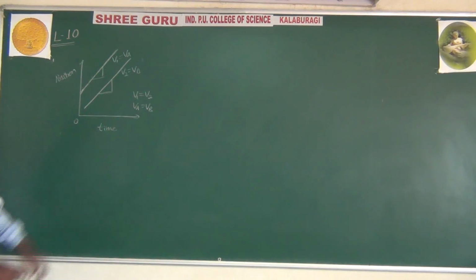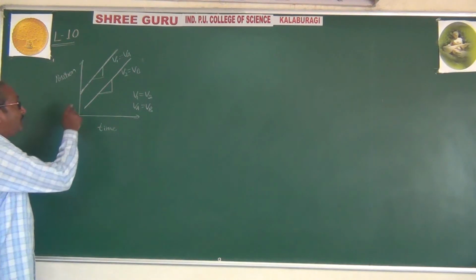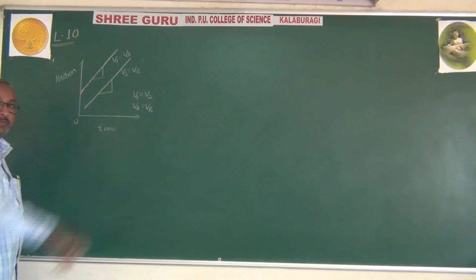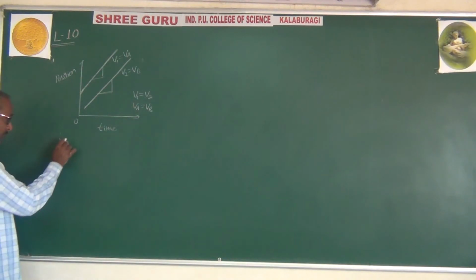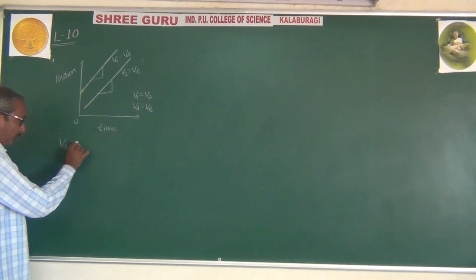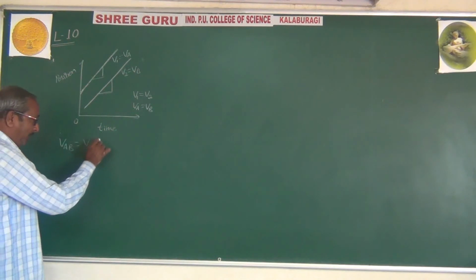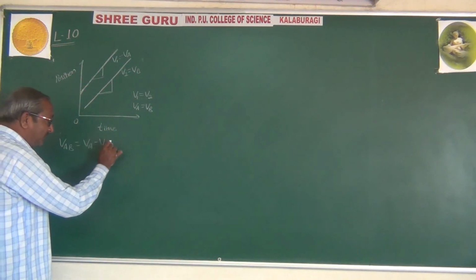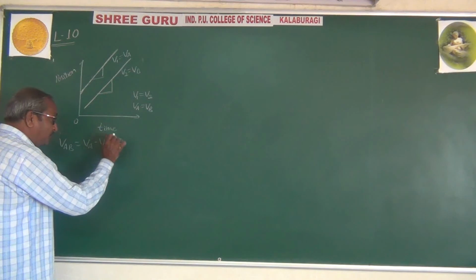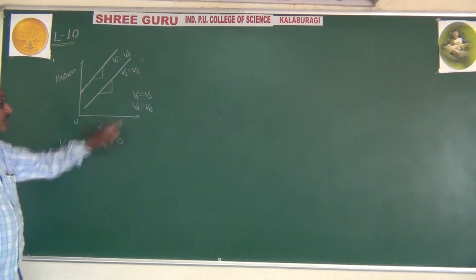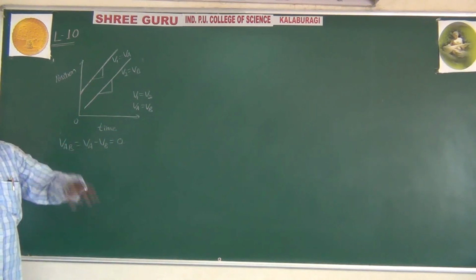If both are moving in the same direction, then the relative velocity of A with respect to B, VA minus VB, goes to 0 because the values of VA and VB are equal.